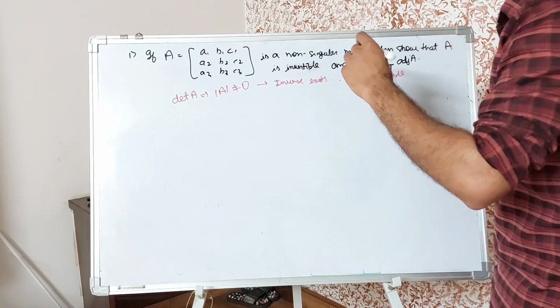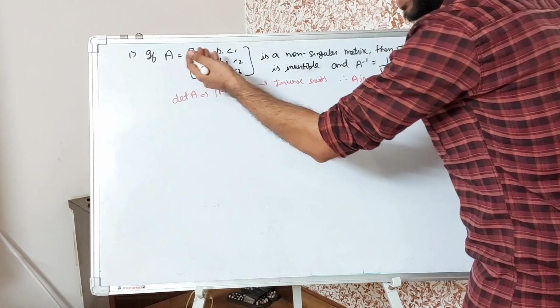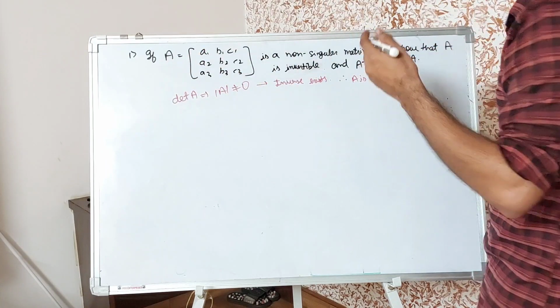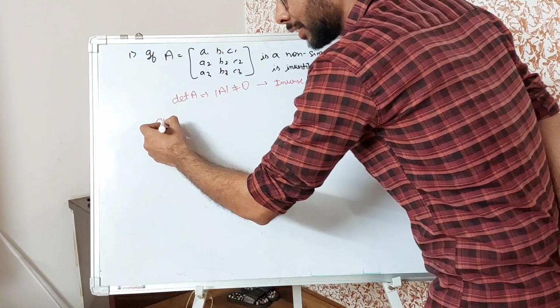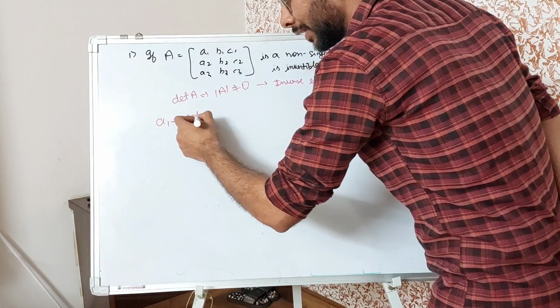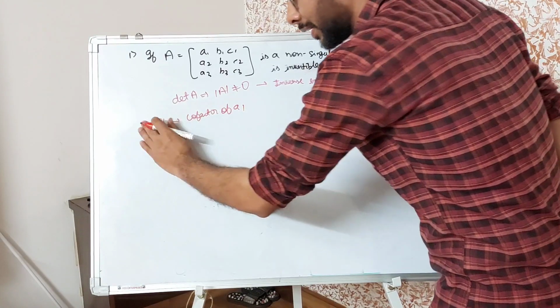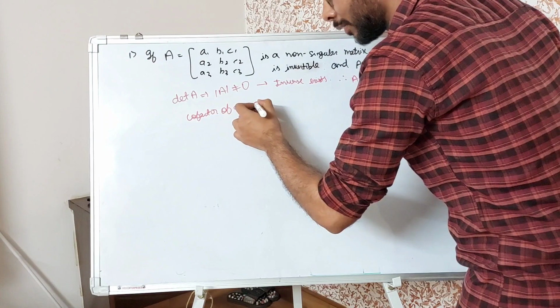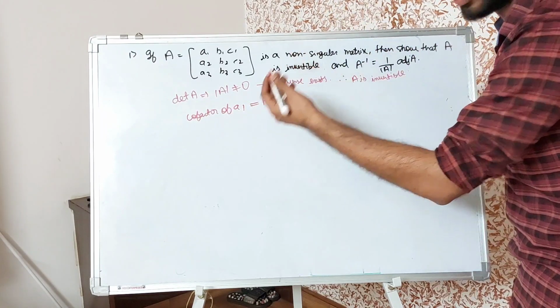Now, let us suppose that for the given matrix A, [[A1, B1, C1], [A2, B2, C2], [A3, B3, C3]], the cofactor of A1 we'll write as capital A1. Similarly, the cofactor of A2 is capital A2, and so on.